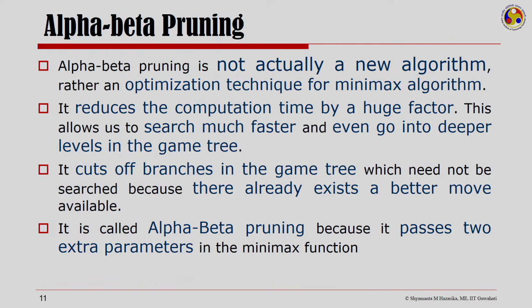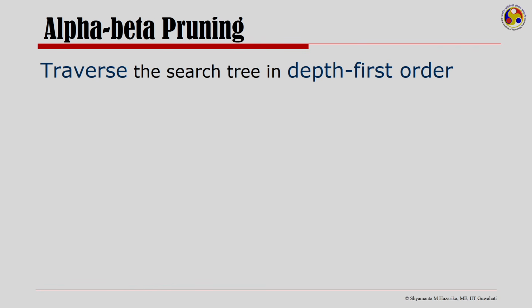Now it's called alpha beta pruning because it passes 2 parameters in the minimax function, one called alpha and the other called beta. We will now focus on what alpha is, what beta is, what an alpha cutoff is and what a beta cutoff is. When we are doing the minimax procedure, minimax traverses the search tree in depth first order.